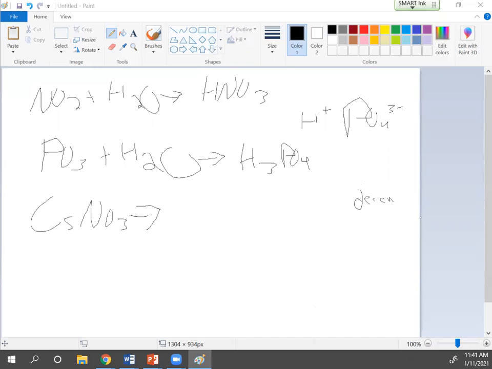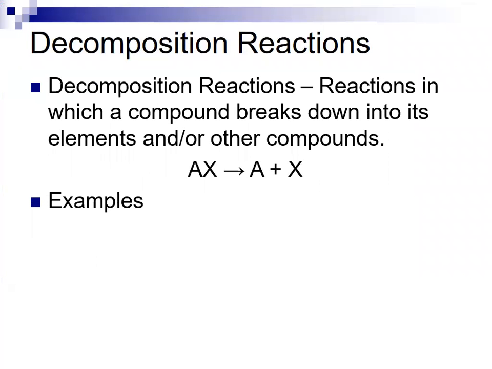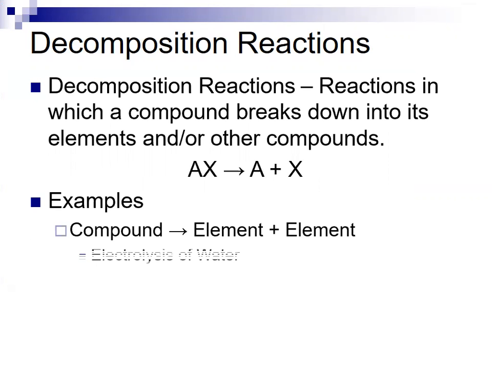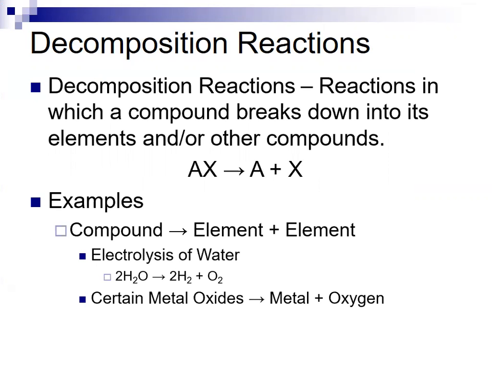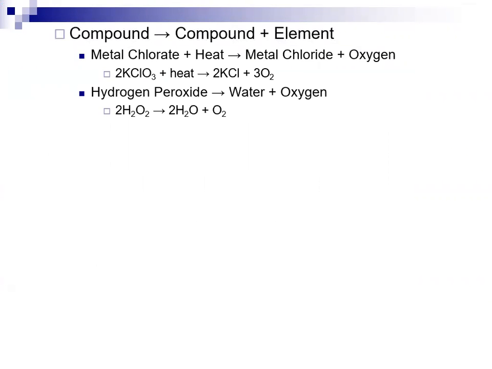I need to find the decomposition reactions, okay? Once again, that was cesium nitrate. I'm going to scan through here. I haven't found a nitrate in there, have I? Still haven't found a nitrate. That's a chlorate, peroxide. Nitrate. So what's the nitrate going to break down into?